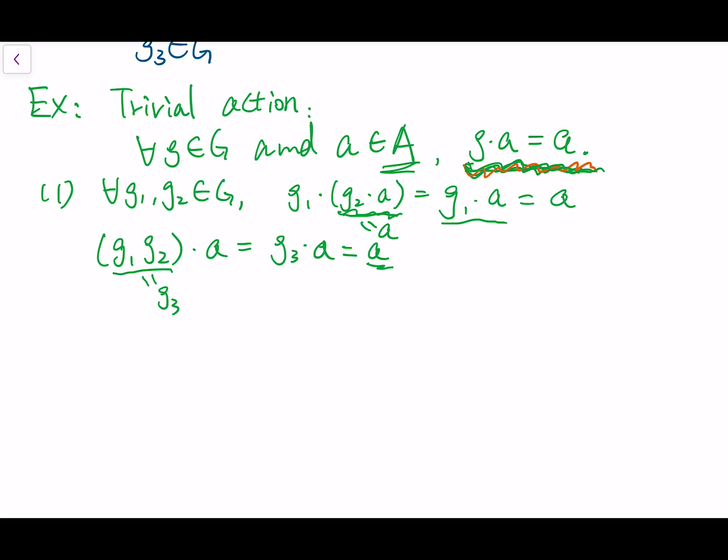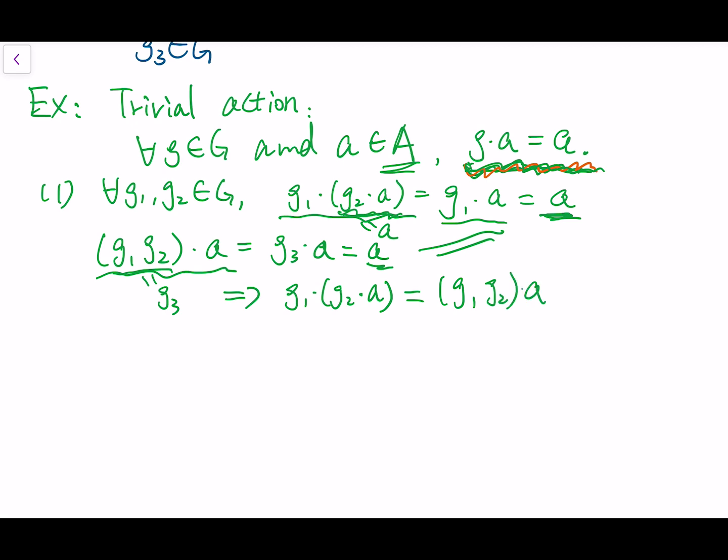So this equals this one, and it tells us that G1 dot (G2 dot A), which is this part, equals this part, (G1 G2) dot A. And this is the first property we want to verify.